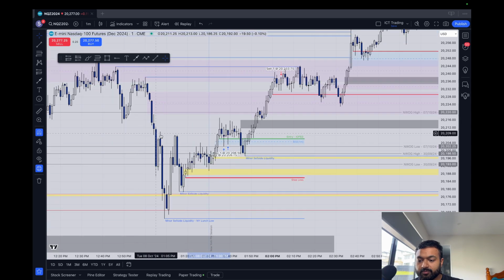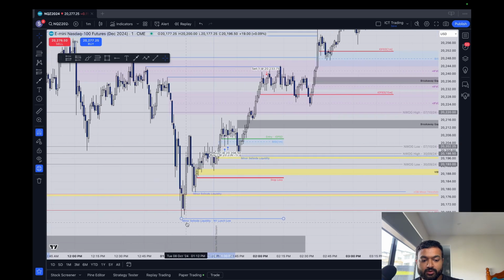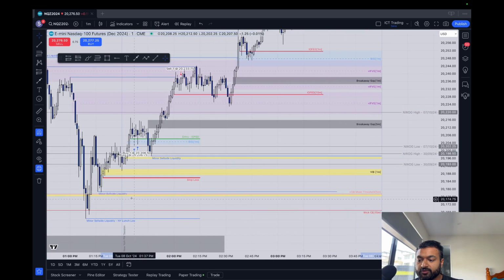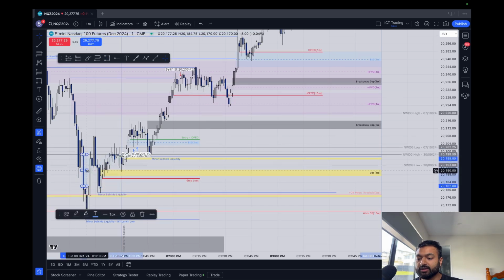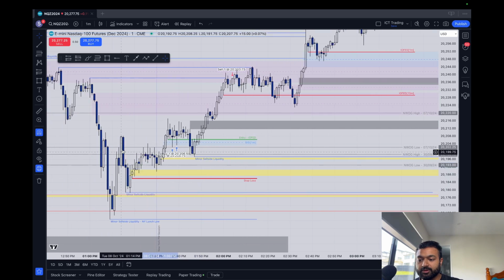you can see here we ran down into a wick, a 15-minute wick, and we ran up. There was a fair value gap created here and an order block. So these were both violated on this move up.